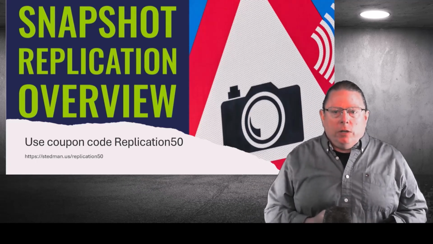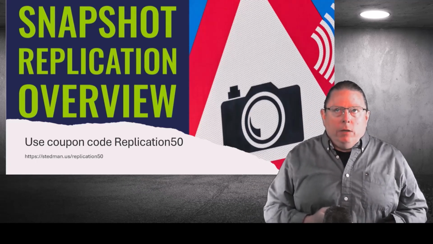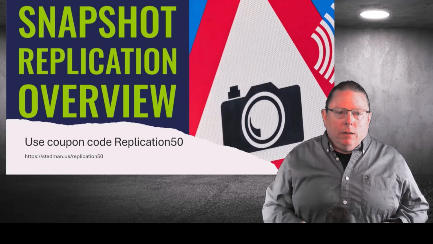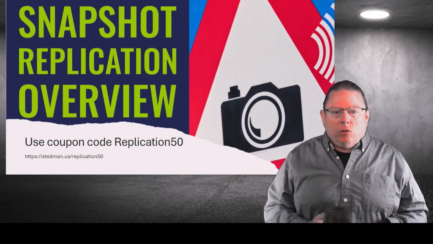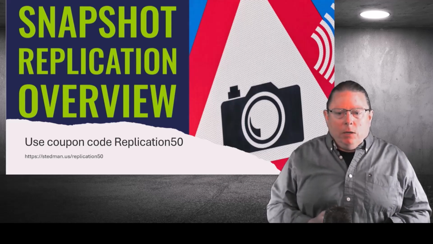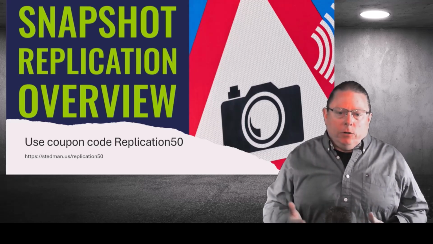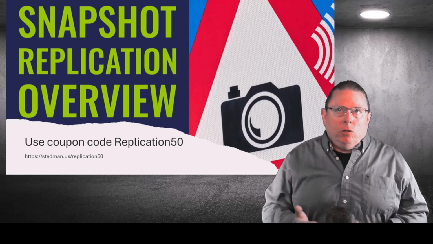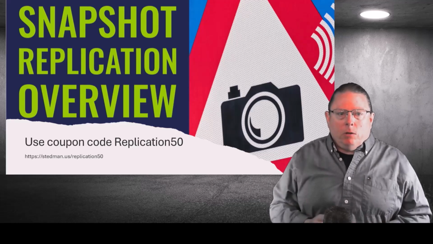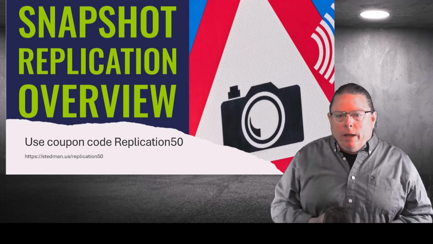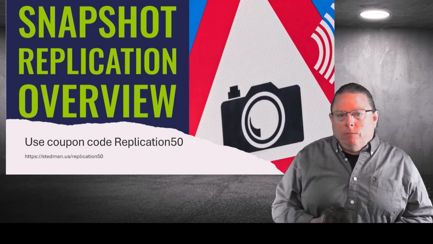Snapshot replication is great when you don't need the data to be super live or super up to date as it's streaming. Let's just use a store as an example. Let's say you're running a chain of mini marts or convenience stores, and you have your standard product inventory.